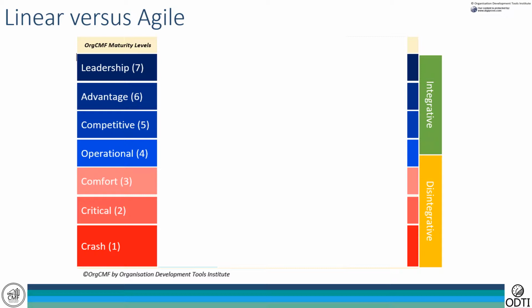At the lowest level 1, crash, we see behaviors, practices, and characteristics that may be somewhat chaotic or influenced solely by one leader, one customer, one product, or one process to the detriment of everything else in the system.